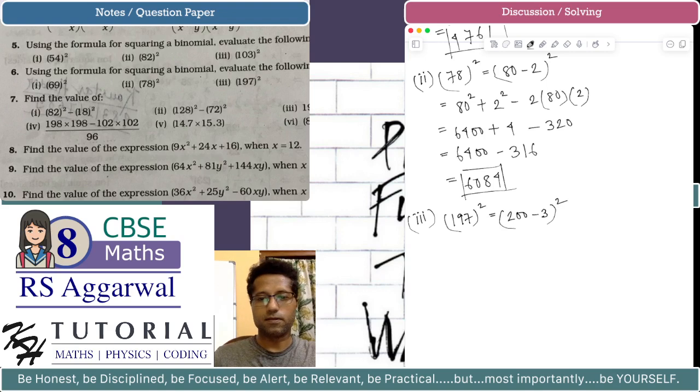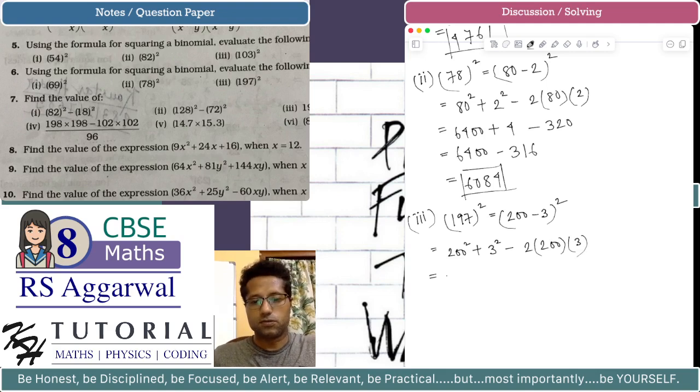So this is equal to a square, that is 200 square, plus b square, that is 3 square. Now minus twice ab. 200 square is 4 and 4 zeros, plus 3 square is 9, and we have 2 into 200 into 3 is 1200.